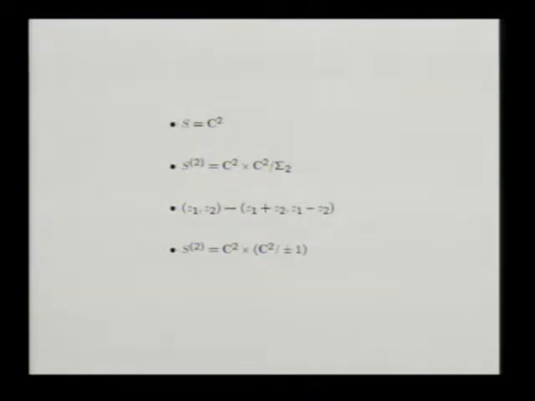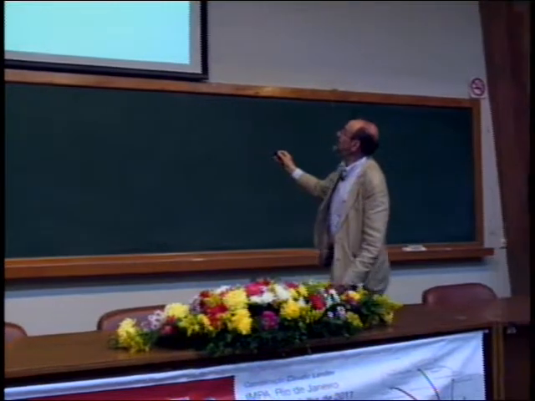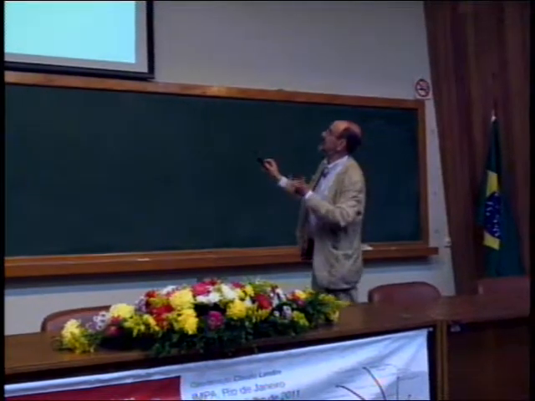So we're taking the product of C^2 cross C^2 modulo the exchange of the two factors. So it's easier to see what's going on if we take the sum of the two vectors here, then that of course is invariant under the involution, so we can forget about that. But then we take the difference, z1 minus z2, that goes to minus itself.